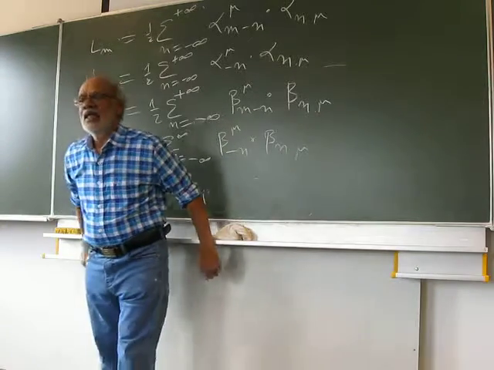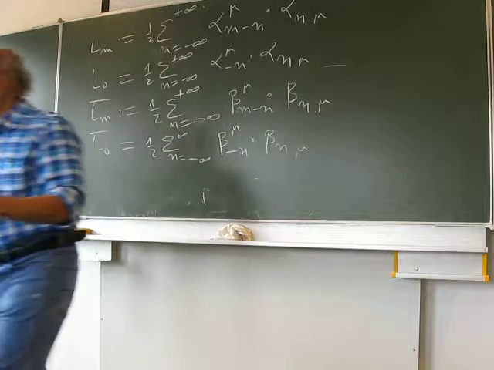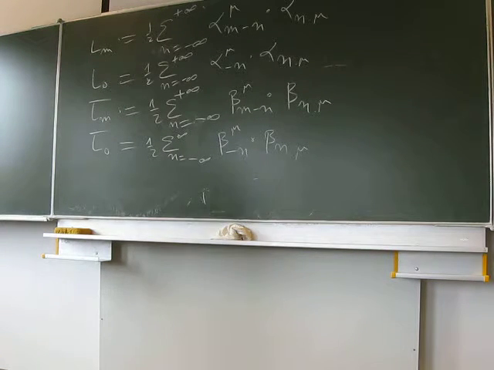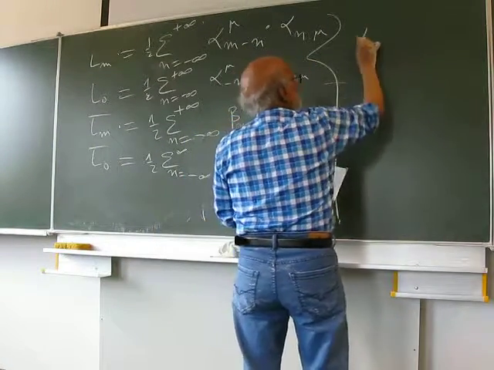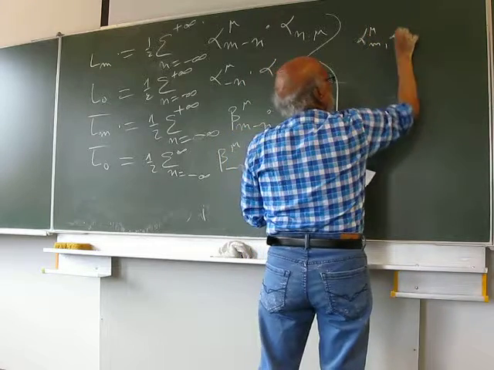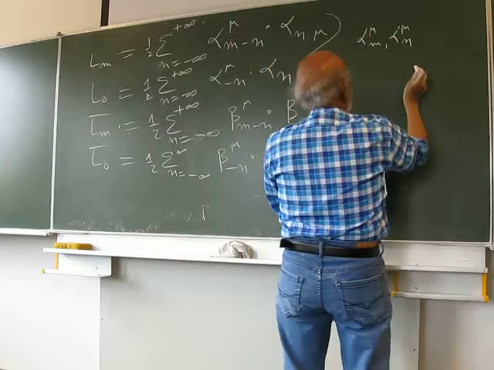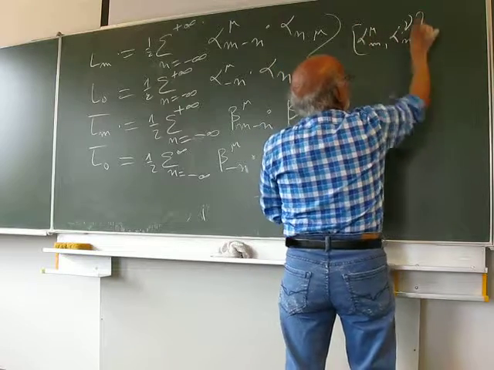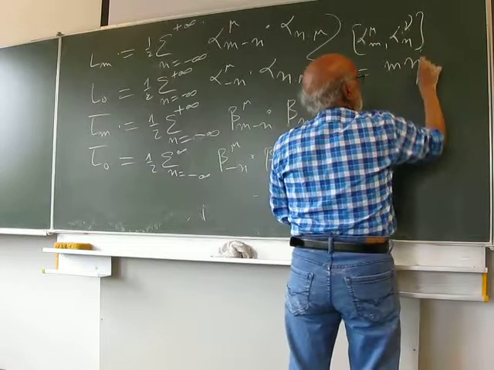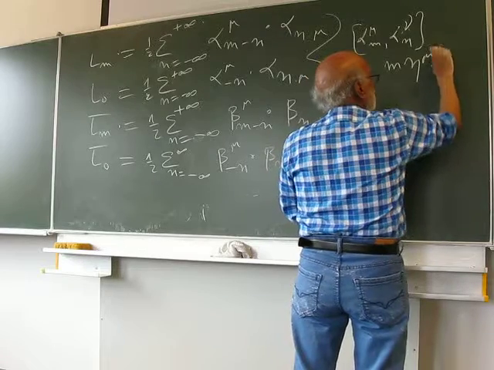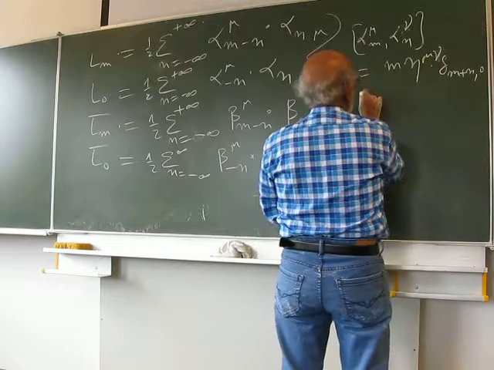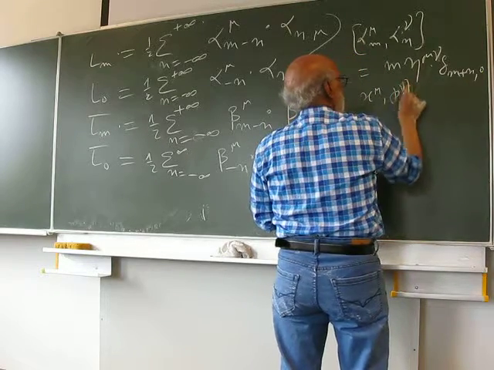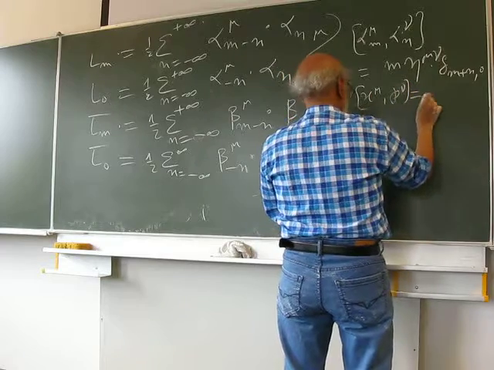What happens is that when you write down, I'm not sure how far I would be able to go today, but just to signify that you would have relations of the type m eta mu nu delta m plus n equal to 0, and x mu p nu.